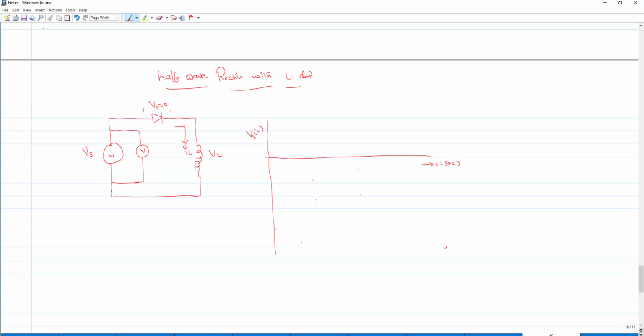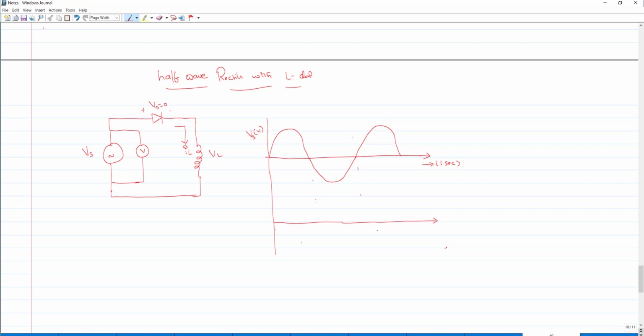Now this sinusoidal voltage will look something like this waveform. So this is the input waveform. Now I'm interested in seeing two waveforms.